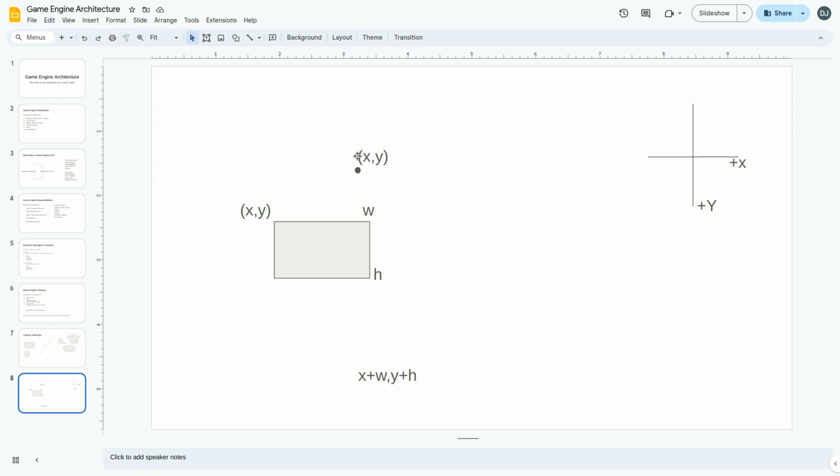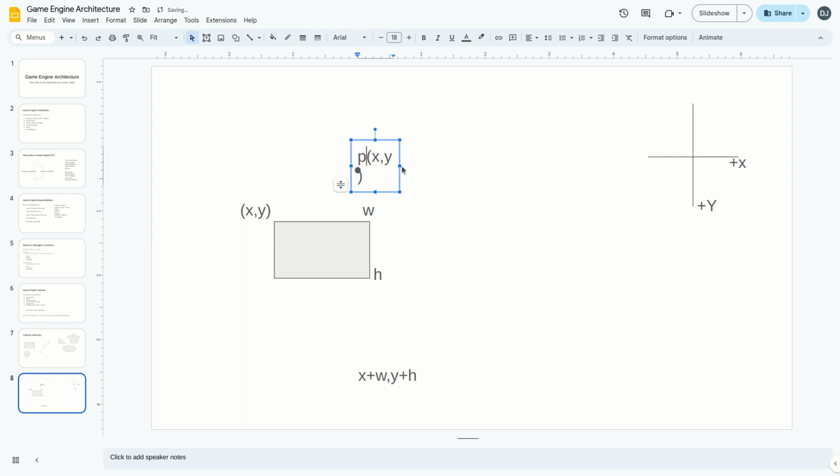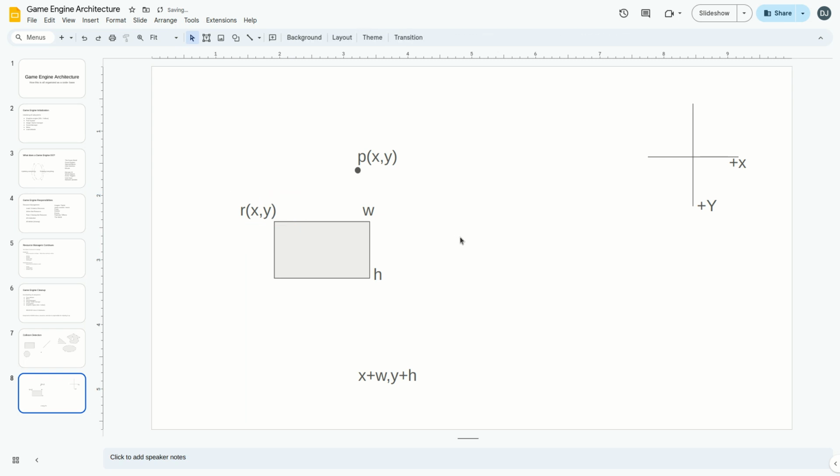So let me label this even further. I'll call this P. Oh no, I'm looking at this, it's starting to look like math. And we're going to call this R as my rectangle. All right, so I can check, once again, some more math here.